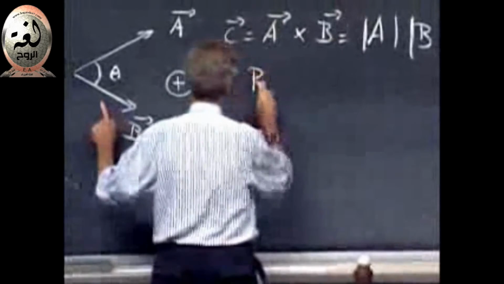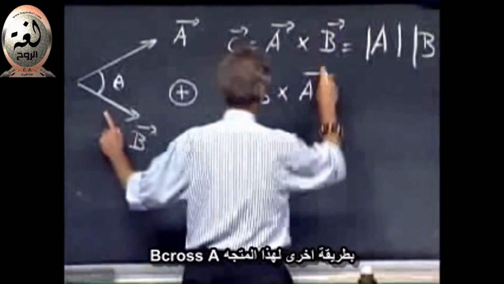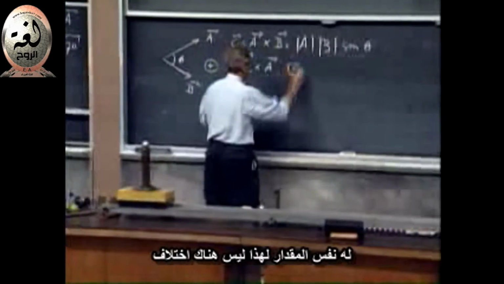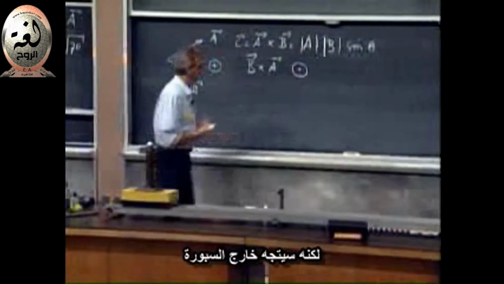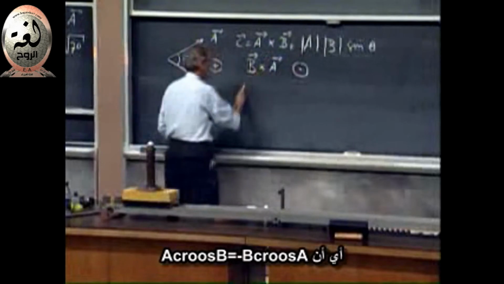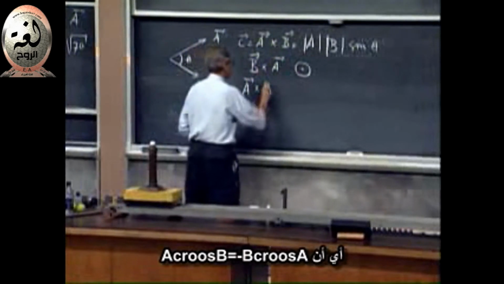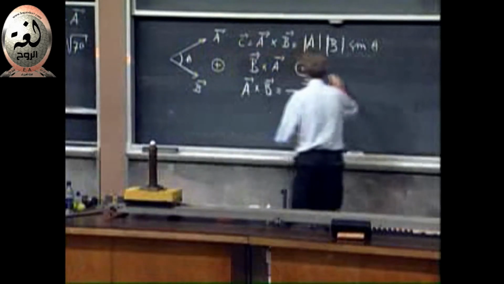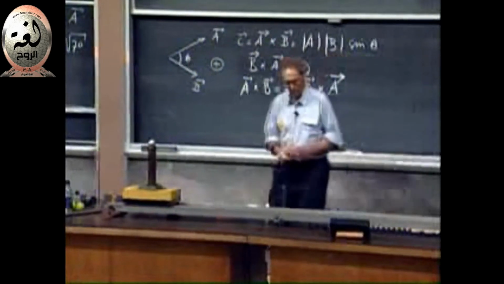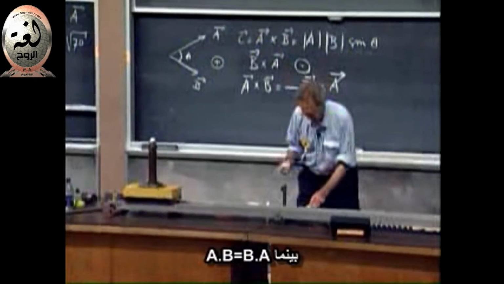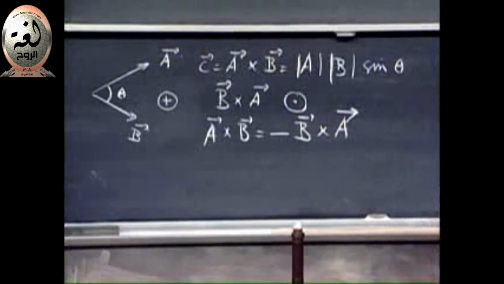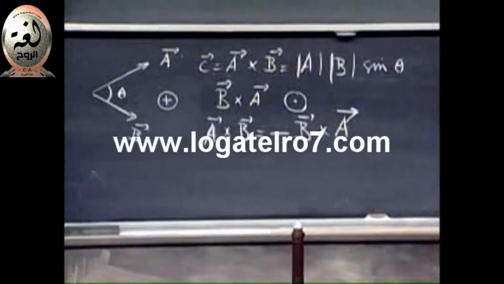In other words, for this vector, B cross A would have exactly the same magnitude, no difference, but it would be coming out of the blackboard. In other words, A cross B equals minus B cross A. Whereas A dot B is the same as B dot A. We will encounter cross products when we deal with torques and when we deal with angular momentum, which is not the easiest part.